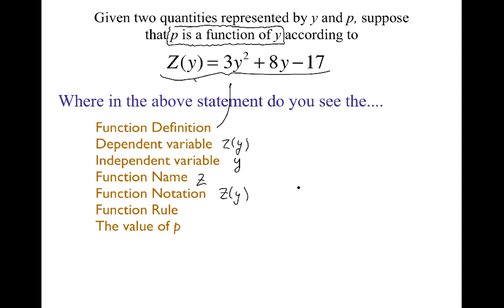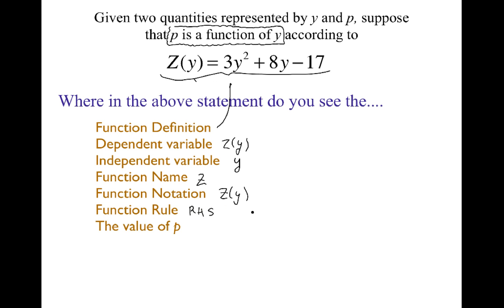Function notation always represents a value of the dependent variable. That's a key for today. Function rule. What's the rule? It's the part that tells you how to get values of the dependent variable. So that's the right-hand side: 3y squared plus 8y minus 17.